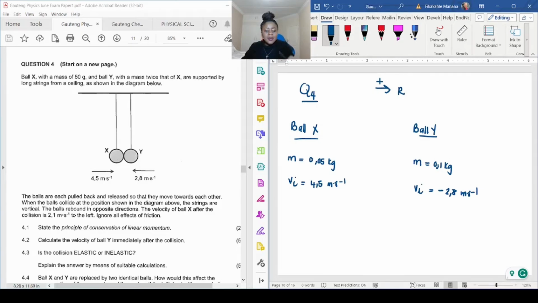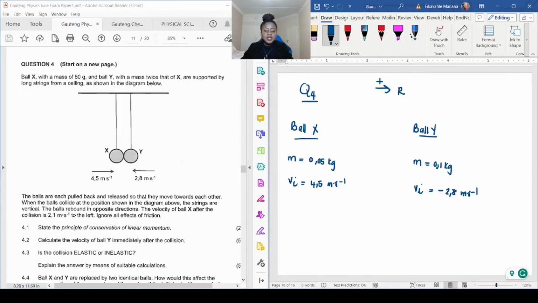Now it says the balls are each pulled back and released so that they move towards each other. When the balls collide at the position shown in the diagram above, the strings are vertical and then the balls rebound in opposite directions. So we had X going positive and then negative, Y going negative and then positive.